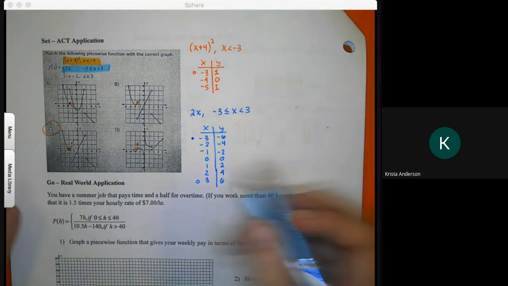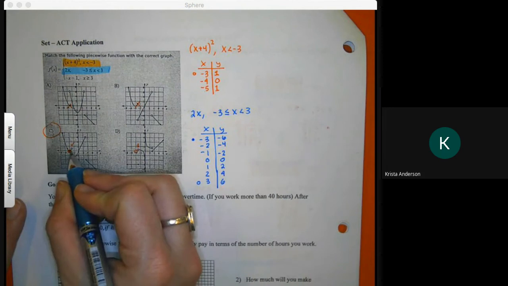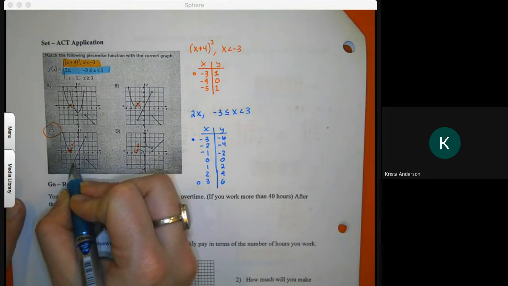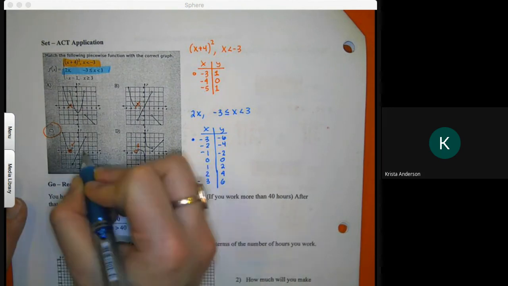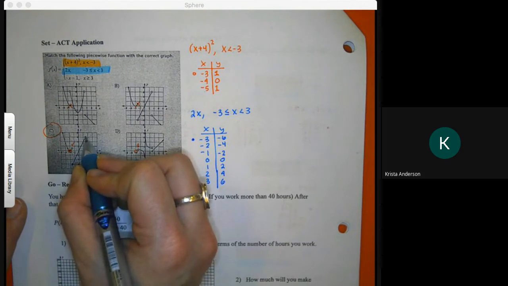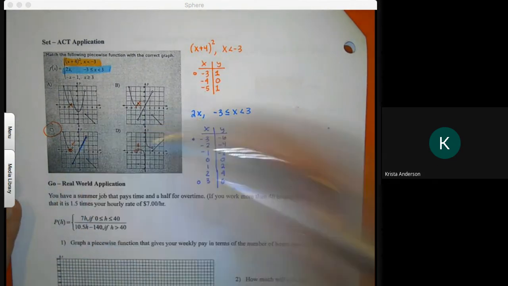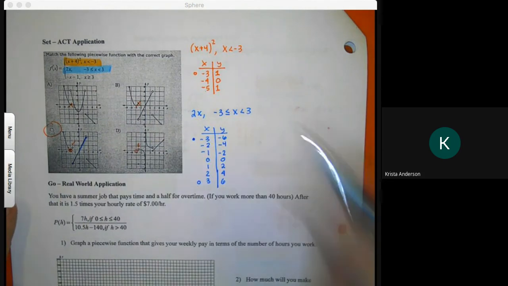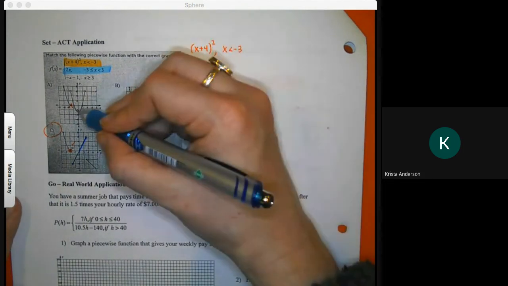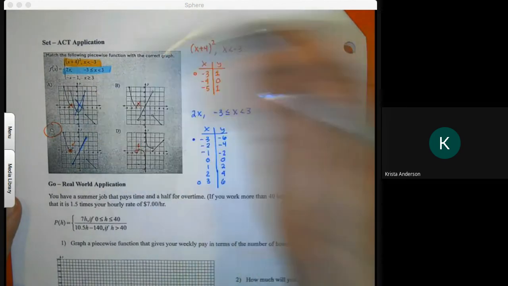I check. -3 is down 6, and it's a closed dot. +3 is up 6, and it's an open dot. So this line matches. If I had checked, this does not match in the center.